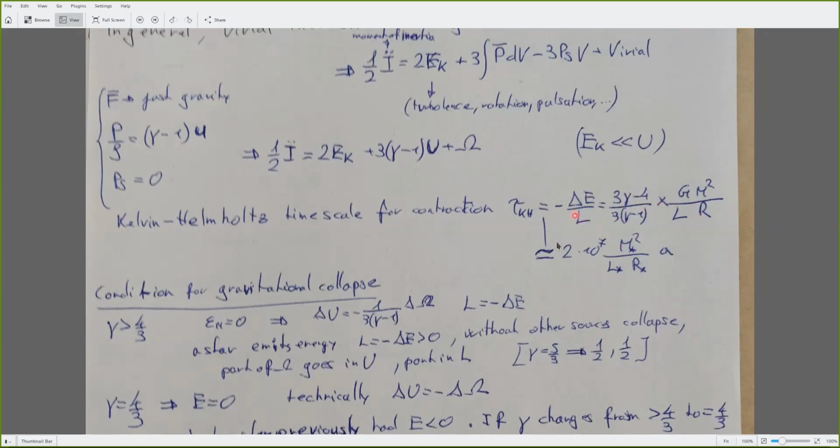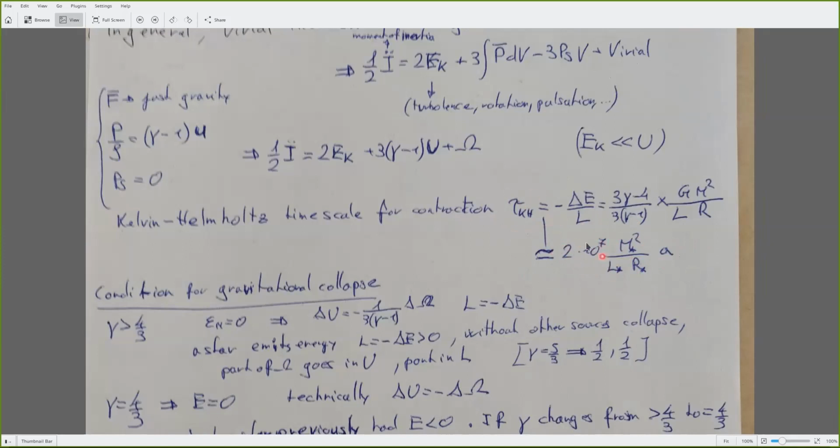Putting it inside, you have this value: about 20 million years, depending on mass, luminosity, and radius. We'll see later that this time is quite important also for some phases of the stars.